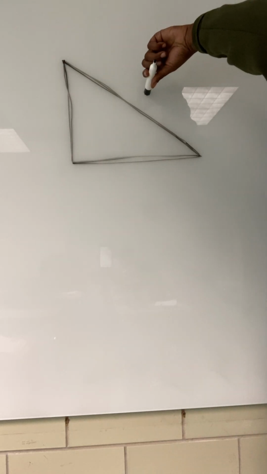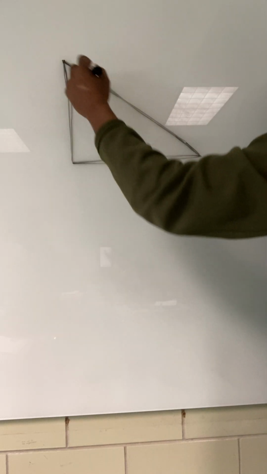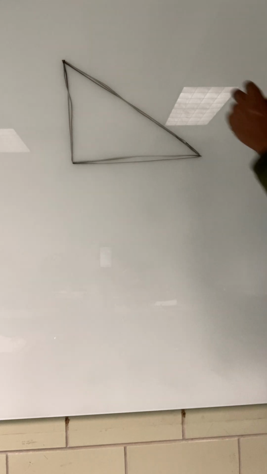Y'all follow me? It's going in a circle like this. So you can imagine this is the highway, and you're coming around, like when you're coming around by the state capitol, and it banks a little bit.